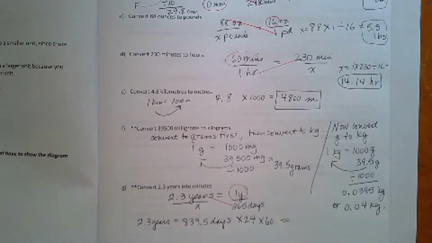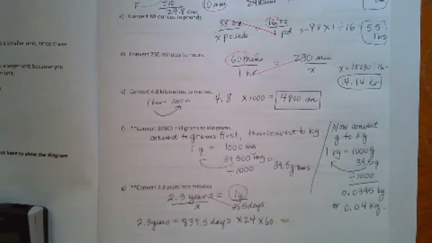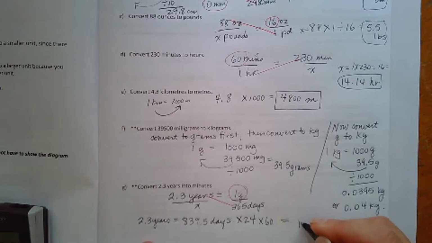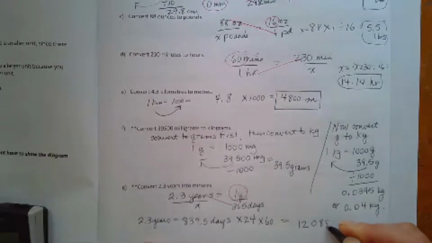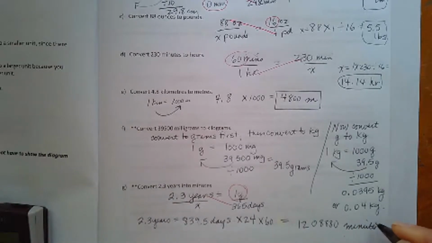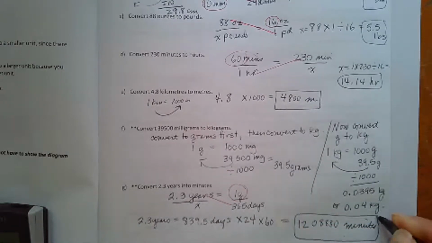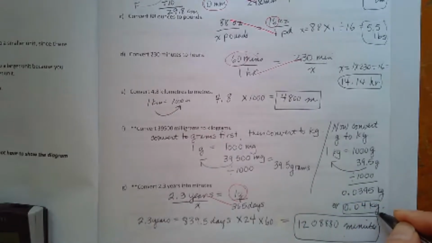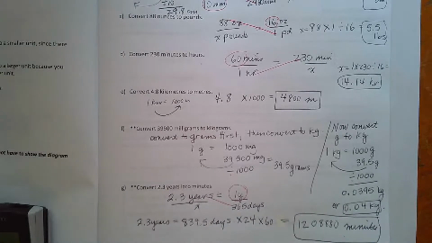And that should give me the number of minutes. So we get 1,208,880 minutes. Okay, so those last two are just kind of interesting little tag-ons to see if you could take it even further. Those aren't your typical questions, though.